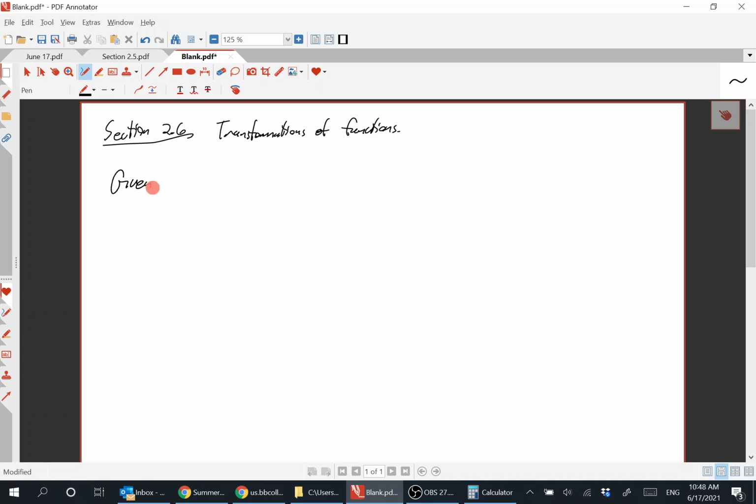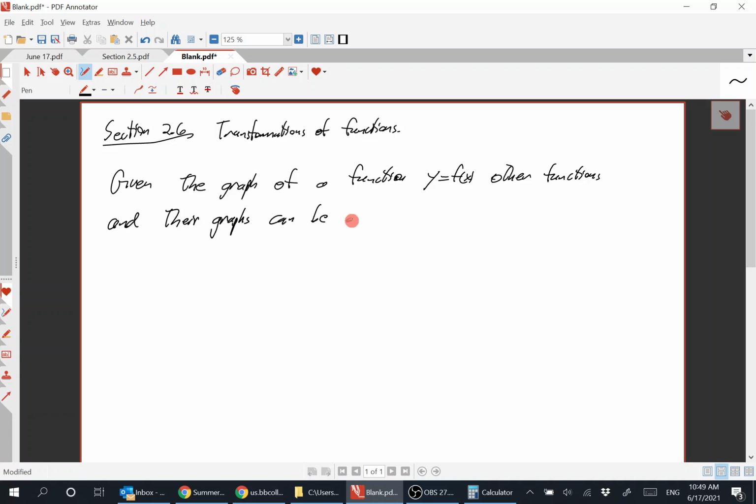So, given the graph of a function, y equals f of x, other functions and other graphs can be obtained by applying various standard transformations.